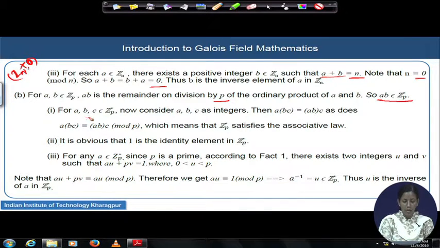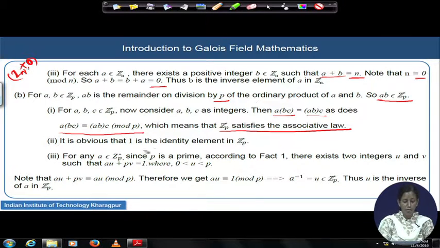Now, for A, B, C, three elements taken from Zp star, we consider that A, B, C are integers. Then A(BC) should be equal to (AB)C, and going by the same logic, this can also be written after the modulo p operation; they all belong to the same set, and hence it satisfies the associative law.